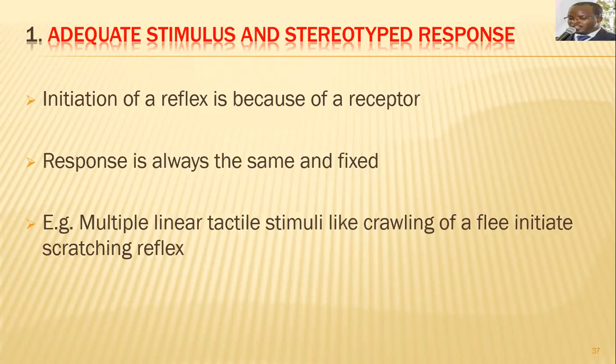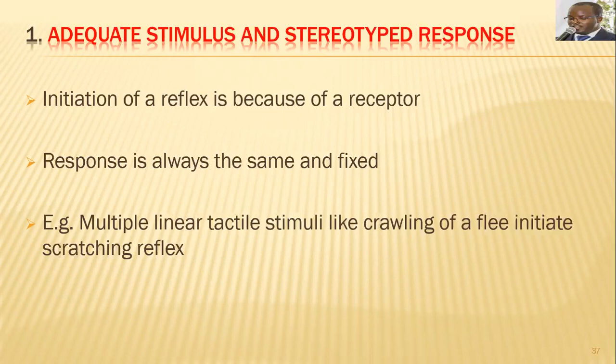So initiation of a reflex is because of a receptor. You need to know that a receptor is involved in a reflex action. So you need an adequate stimulus that is going to stimulate a receptor potential. Otherwise, if you have a sub-threshold stimulus, it's not going to stimulate a threshold potential. Without a threshold potential, you're not going to have an action potential in the sensory nerve fiber.